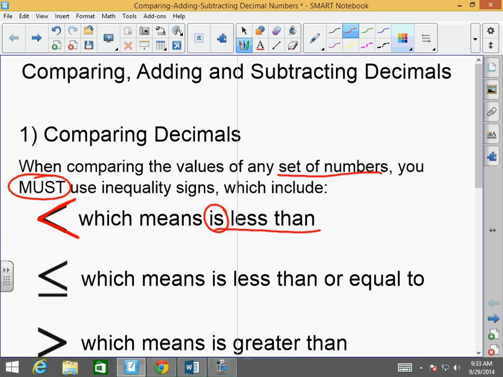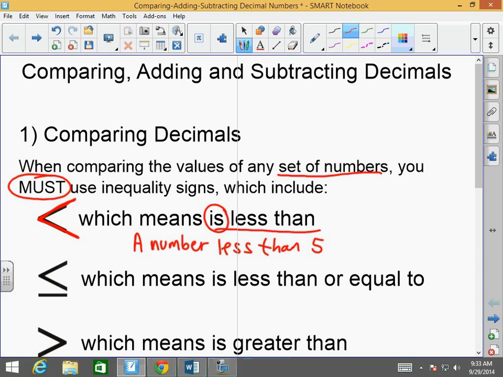Let me show you the difference here because a lot of people get confused. If I say a number less than 5, I don't know if you guys have done this yet in your algebra, but do you see the word is?